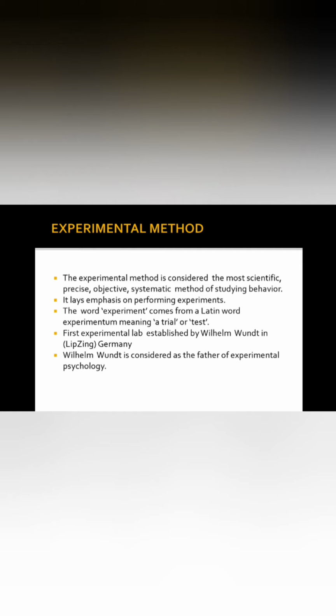The word experiment comes from a Latin word experimentum, meaning a trial or test. The first experimental lab was established by Wilhelm Wundt in Leipzig, Germany. Wilhelm Wundt is considered the father of experimental psychology.